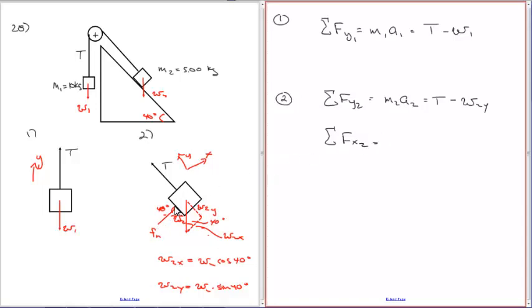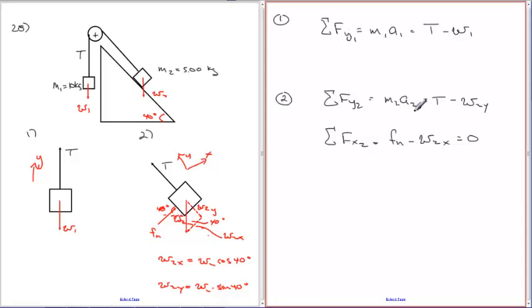So this is positive, so you have the normal force minus W2x. Now that equals not m times a, but 0 because we don't have any movement in the x direction. Everything's moving parallel to the surface. So this is the surface parallel, this is perpendicular. We don't have any movement perpendicular. So this really doesn't do us a whole lot. This doesn't give us anything in this particular problem. We will need this when there is friction, but right now we don't need it.